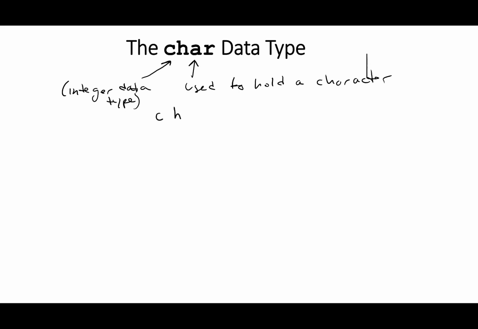And that seems kind of weird until you realize how these characters are stored. If you look up the ASCII codes, I think it's Appendix A, characters are stored with their numeric value, which is usually determined from what's called an ASCII code.